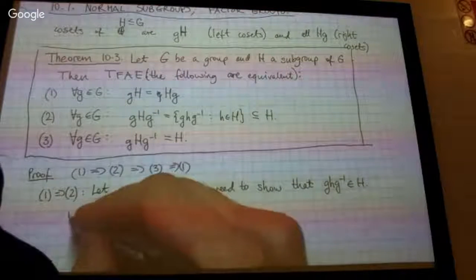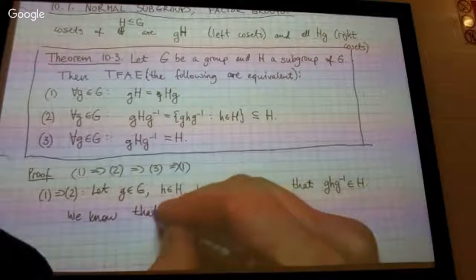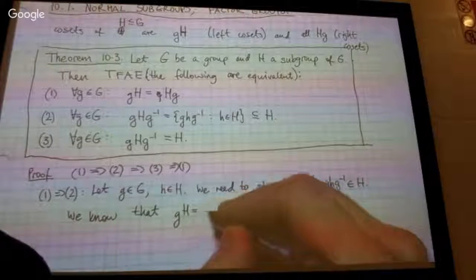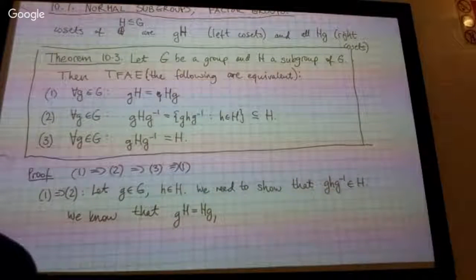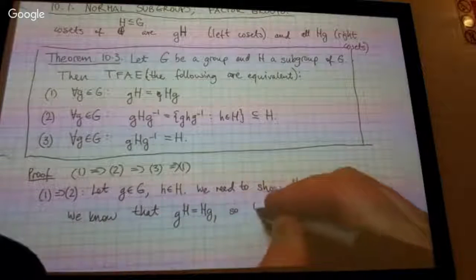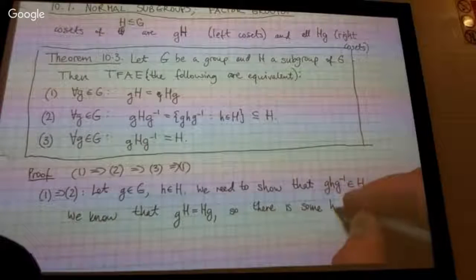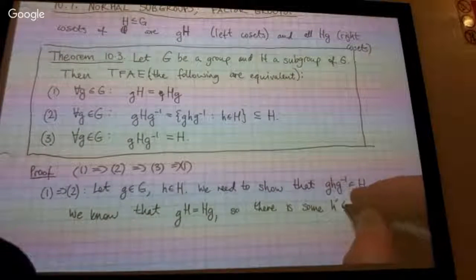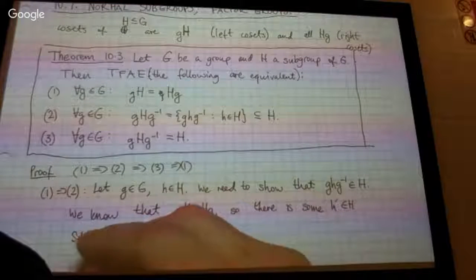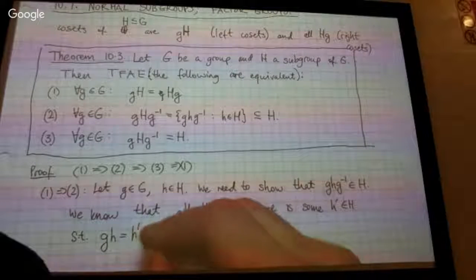What do we know? We know that gH is equal to Hg. So we can find some h dashed in H such that gh equals h dash g.